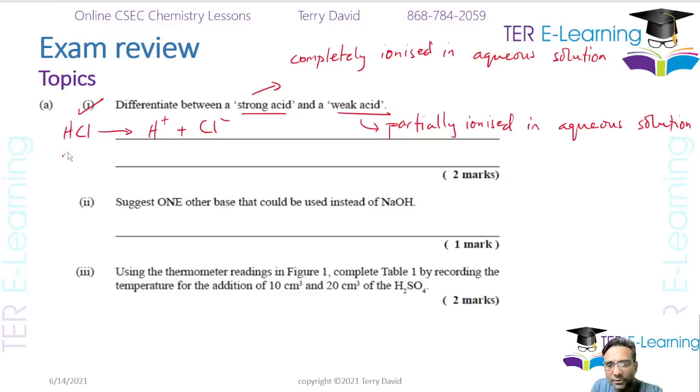For a weak acid, what we typically use is vinegar, or what we call acetic acid or ethanoic acid. But what happens in this case is it's a reversible reaction, and we get CH3COO minus plus H plus. Now, you see this sign here? That's a reversible sign. That's how we know if something is a weak acid, right? It is partially ionized. That is what that sign means, right?